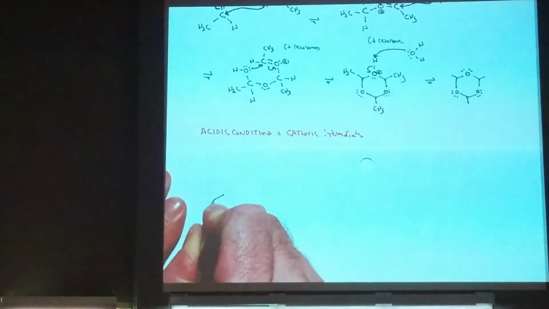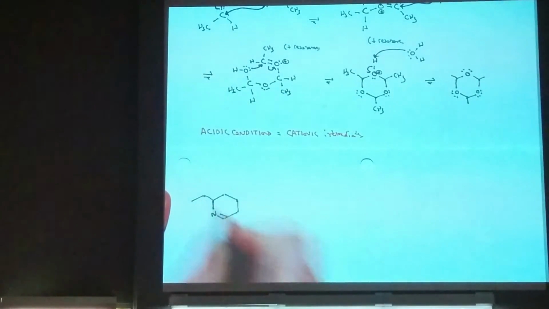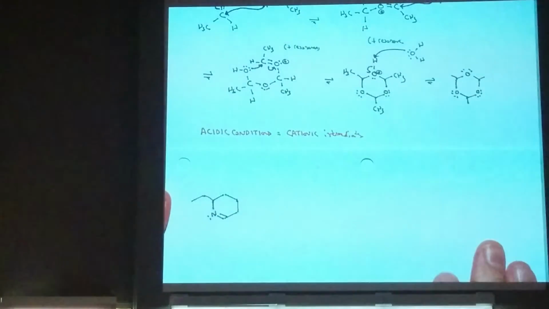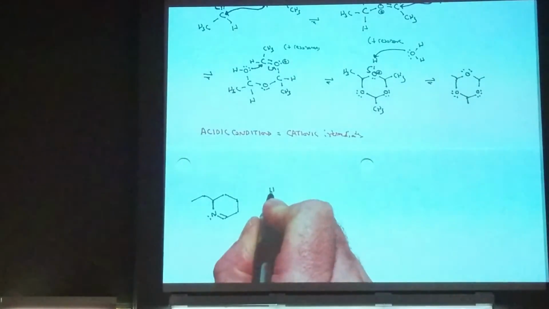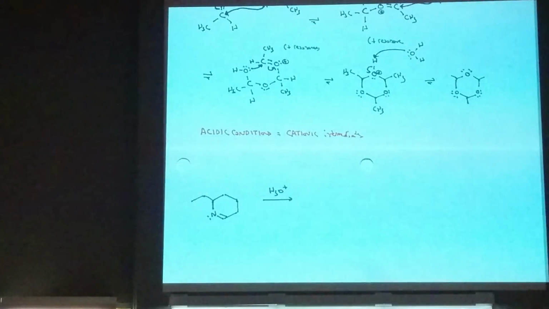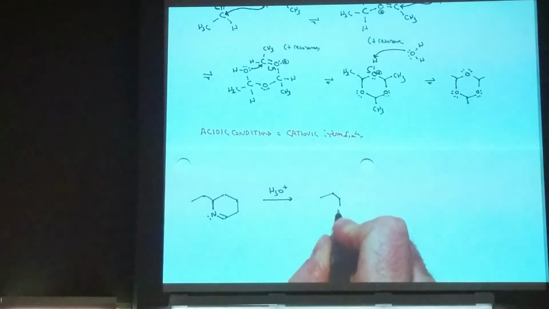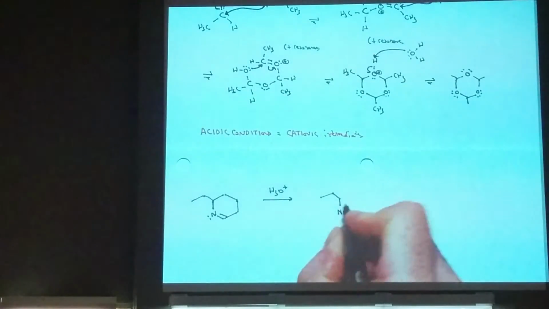I'm going to show you again something that happens. Take this molecule, expose it to aqueous acid, you end up getting this.